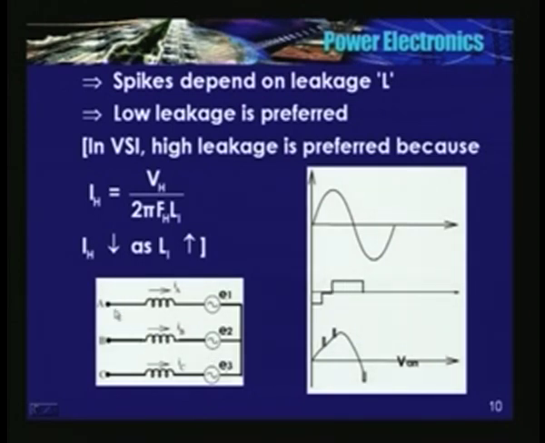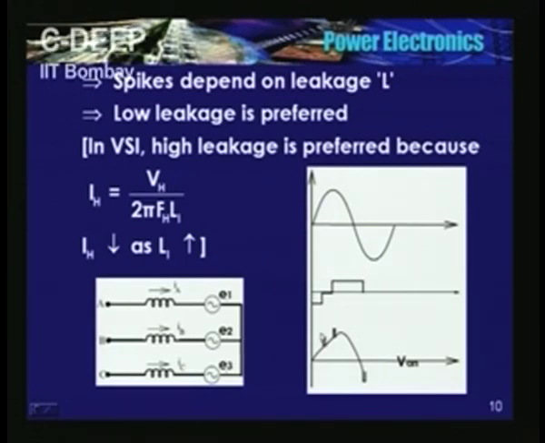So, what is the voltage here? E1 plus, so there is an L di by dt here and L di by dt here. There is no L di by dt here, it is 0. So, there is going to be a spike at these 2 points. Okay. So, how do I reduce this spike?